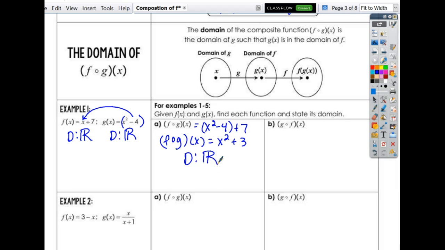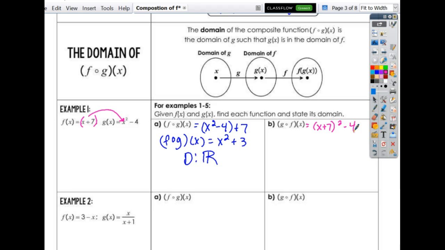So for the second one, now the f is first, so I'm going to put parentheses around the f, and that goes in for the x. So when I write that, I get x plus 7 squared minus 4.